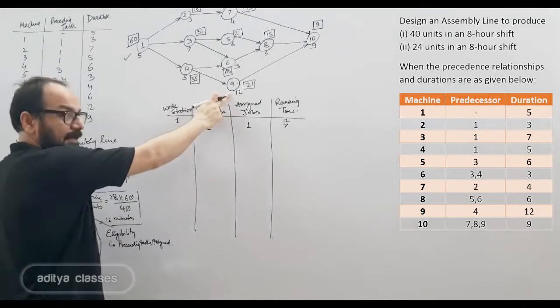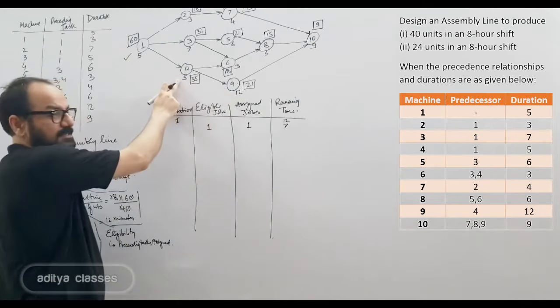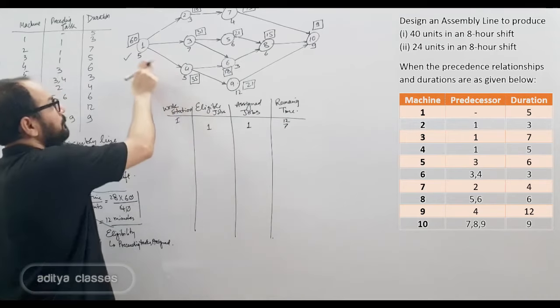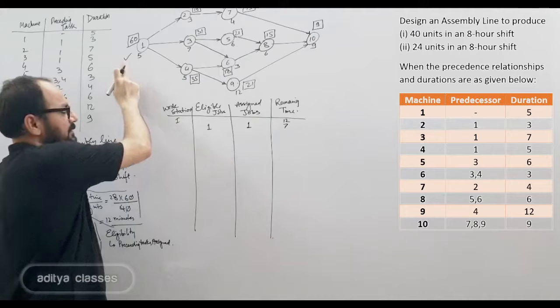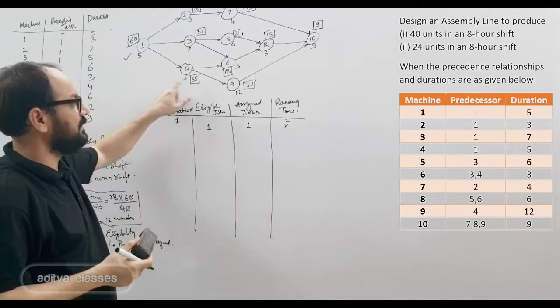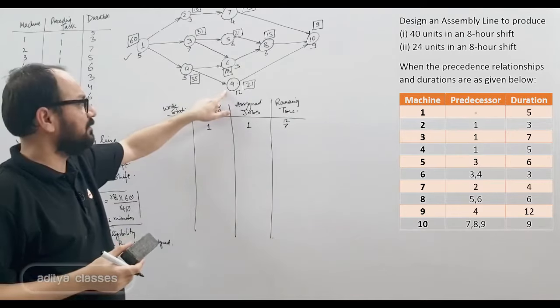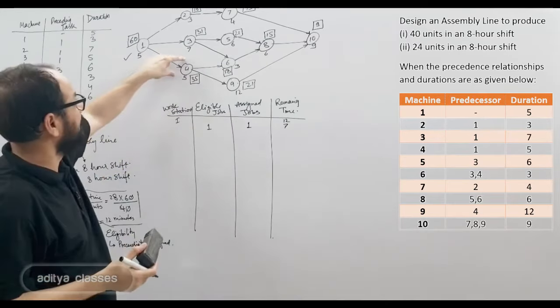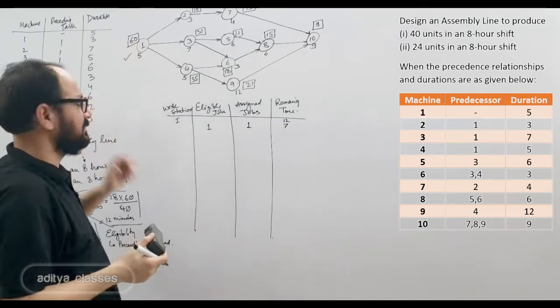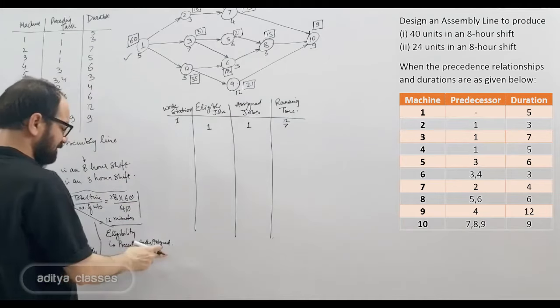For 9, 9 is not eligible because 4 is not assigned as yet. For 4, 1 has been assigned. So I can say that 4 is eligible but 9 is not eligible. Why is 9 not eligible? Because 4 is not assigned as yet. But 4 is eligible because it is dependent only on one task which is assigned. So preceding tasks are assigned.